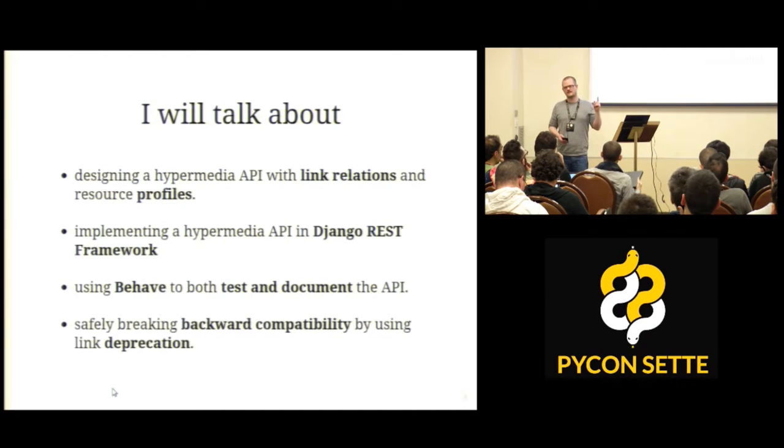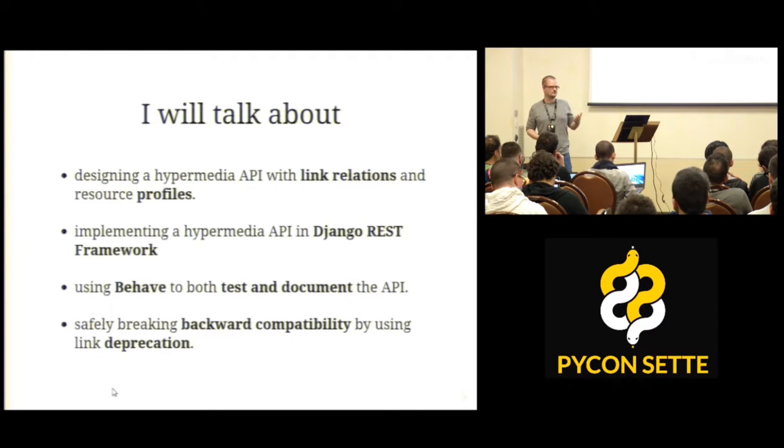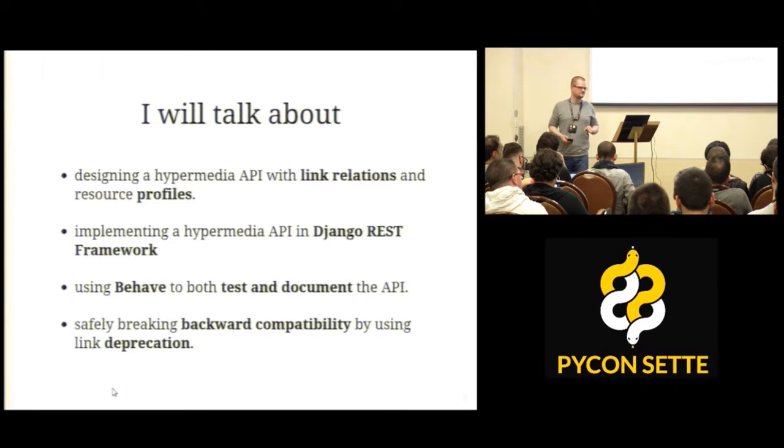And then, if we have time, I want to show you how API evolution is helped by using a Hypermedia API. You no longer have to use API versioning anymore.